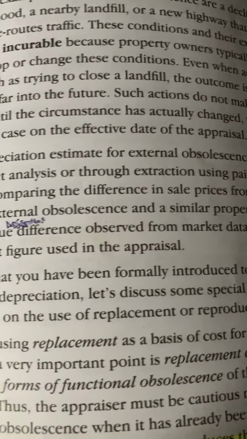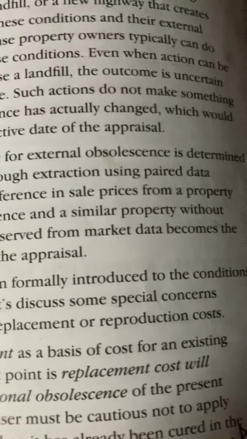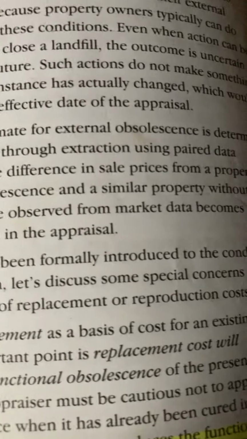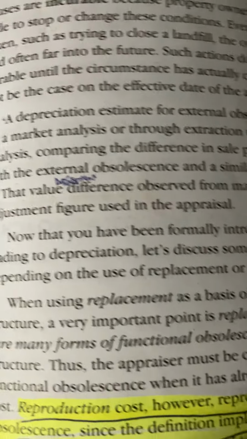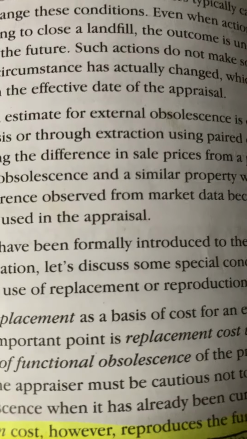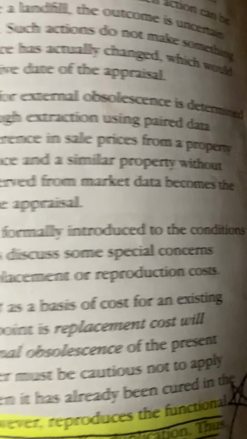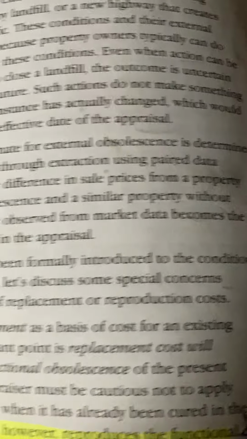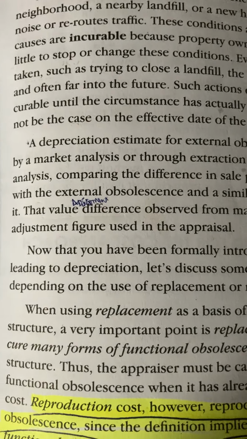A depreciation estimate for external obsolescence is determined by a market analysis or through extraction using paired data analysis, comparing the difference in the sale prices from a property with the external obsolescence and the similar property without it.